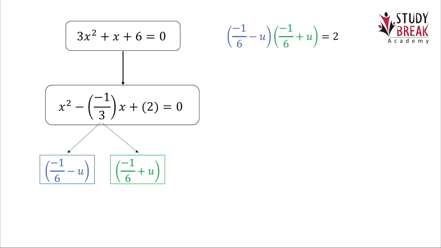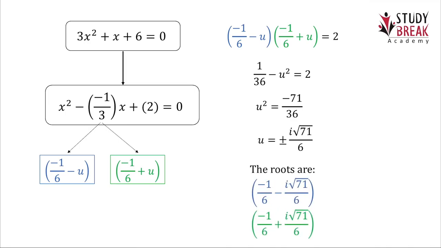Multiplying them, we should get 2. Expanding, we get u squared equal to minus 71 by 36, which shows us that the roots of this equation will be imaginary. Hence, u comes out to be plus minus iota root 71 by 6. Hence, the roots are minus 1 by 6 minus iota root 71 by 6, and minus 1 by 6 plus iota root 71 by 6. Hope it helped.